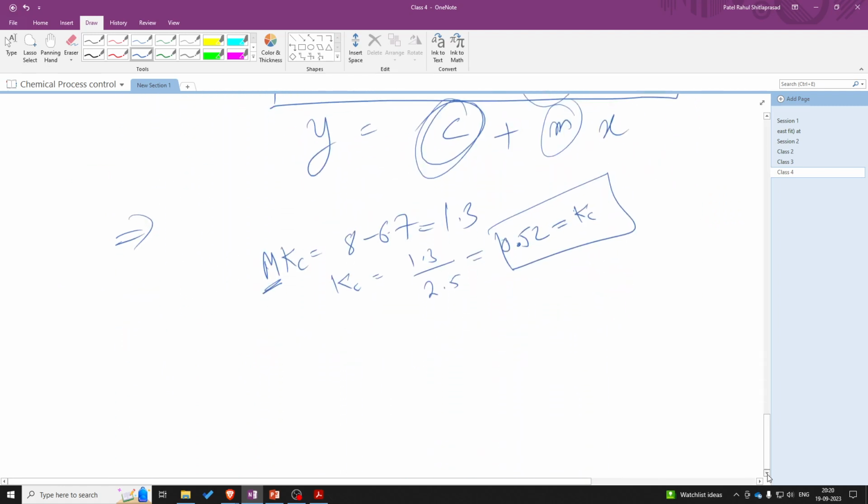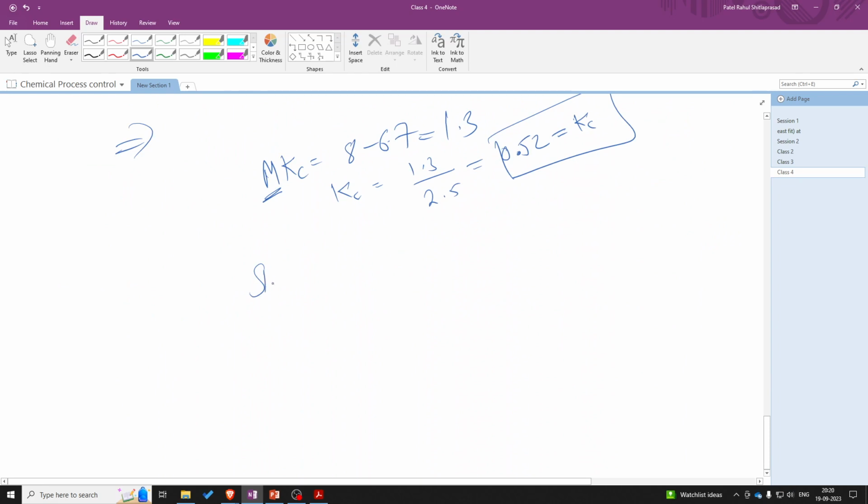So let's consider the slope to be 0.7 plus 0.7 plus 0.65 into 2, upon 1, 2, 3, 4, 4.